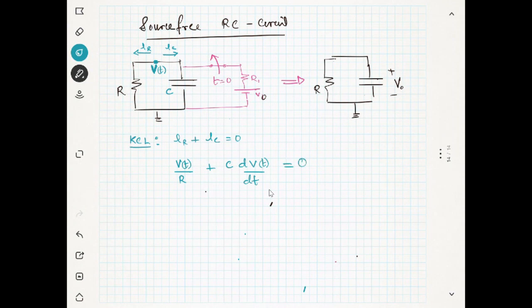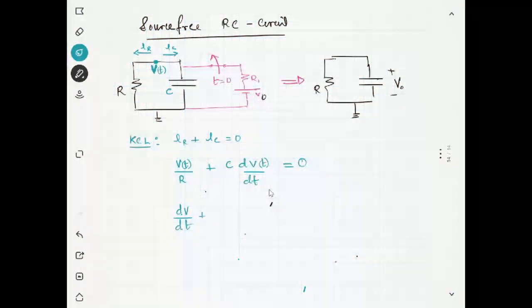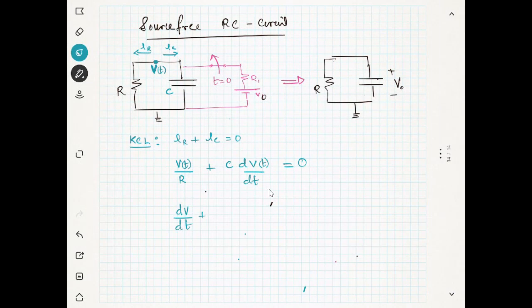So this total is equal to 0. I will write the equation this way: I divide the whole equation by C, and then I can write dV by dt plus 1 over RC into V of t is equal to 0. Is it okay?